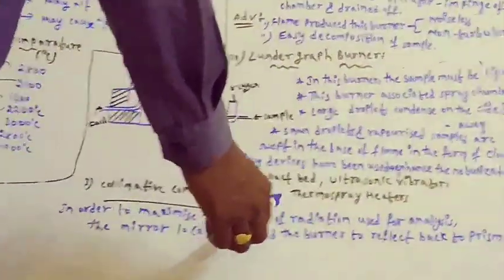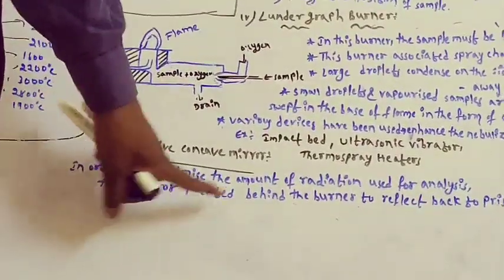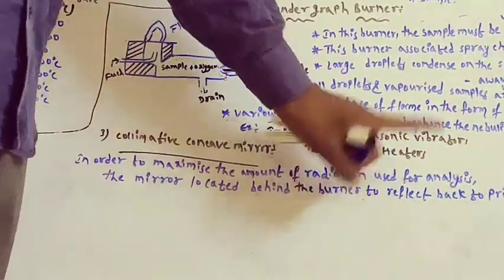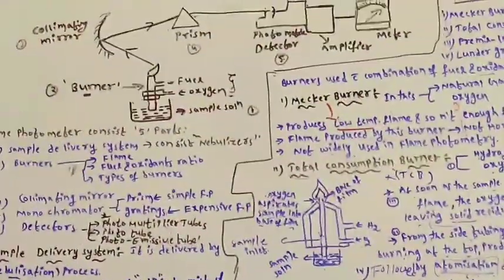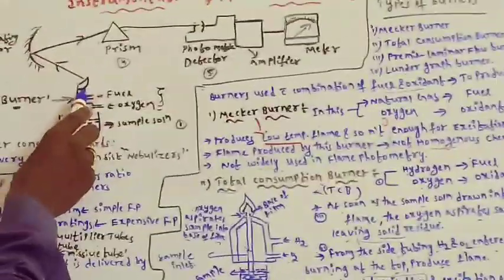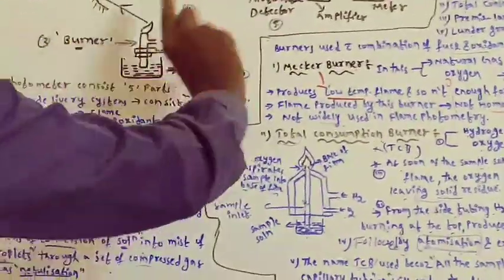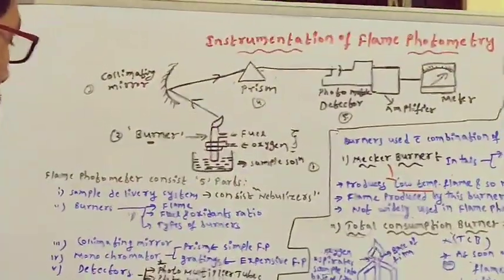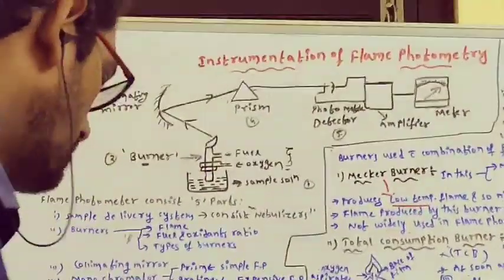To maximize the amount of radiation used for analysis. Here you can see in the diagram, this mirror is behind the burner. Whatever radiation is emitted by the sample will fall onto the mirror and be reflected back to the prism. So to use the maximum amount of radiation, we keep the collimating mirror at the backside of the burner.